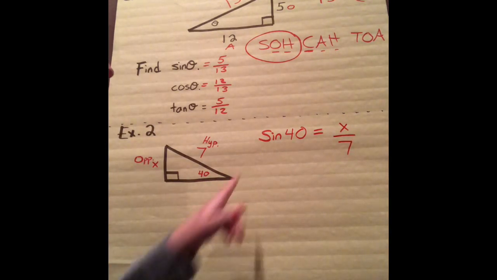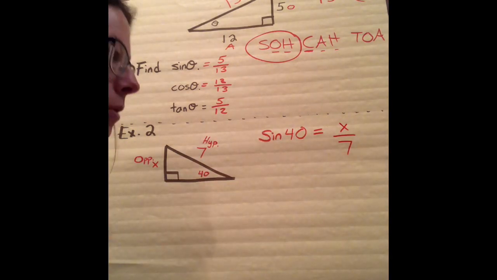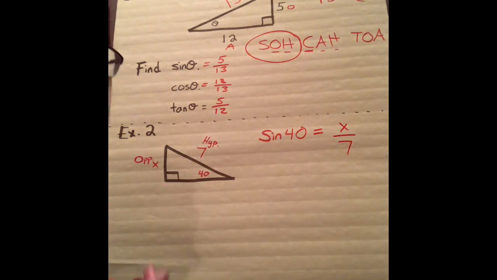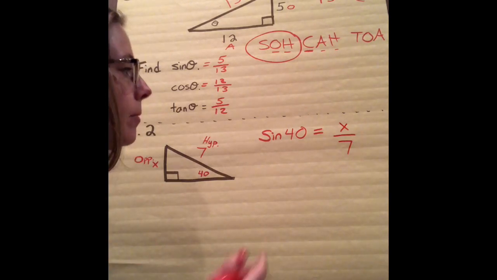Now, sine of 40 is just a ratio, right? It's just a number. And on your calculator, you'll get a decimal, but that's okay.